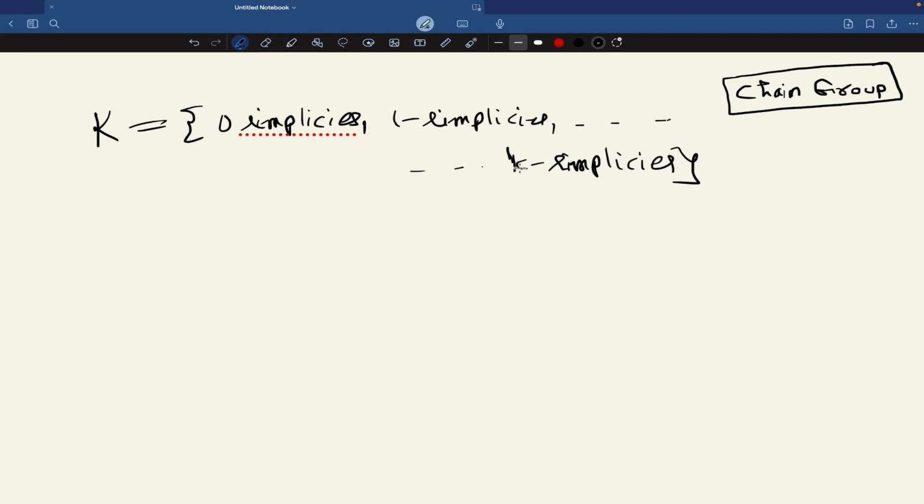From here we can say that the maximum dimension of a simplex in this complex is k, because beyond k we don't have any simplex in this complex.